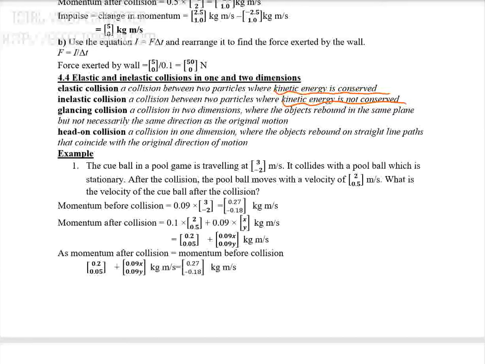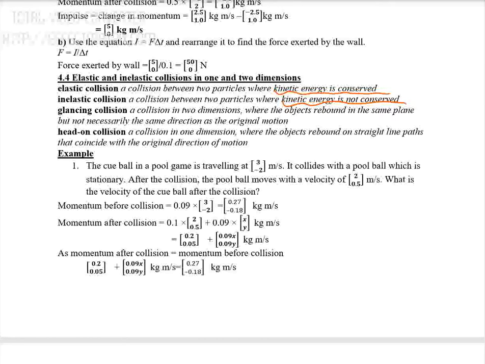Inelastic collision is a collision where kinetic energy is not conserved. But in both cases, the momentum of the system is conserved. The momentum is conserved in both cases, inelastic as well as elastic collision. But if it is elastic, the kinetic energy is conserved. If it is inelastic, the kinetic energy is not conserved.